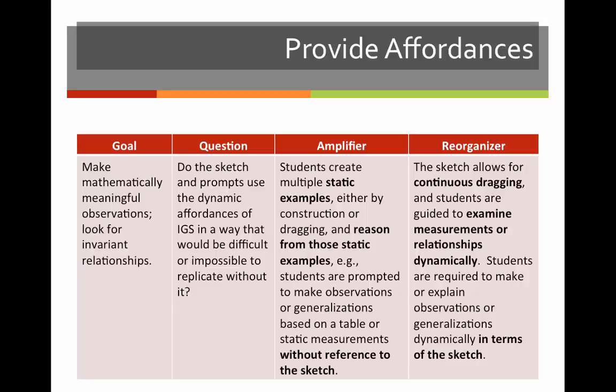So this is a drag and stop action. You drag, you stop, you record an observation or a measurement, and then you do it again, and then you do it again, and then you have this set of examples that you've created, and you just reason from the numbers. So at that point, we have these examples and we discard the sketch. We're no longer looking at the sketch anymore. We're just looking at patterns and numbers.